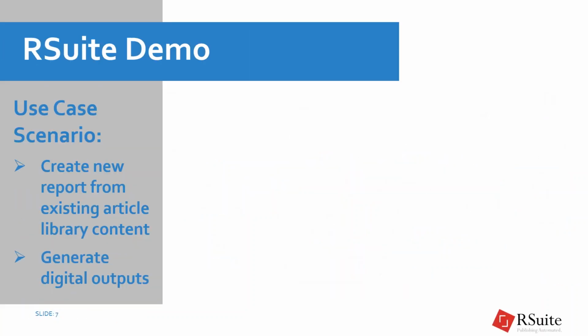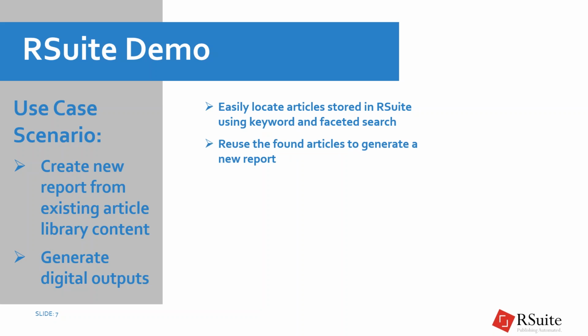Okay. So that'll take us to today's demonstration where the focus will be on the following use case scenarios. First, we'll locate articles stored in RSuite using keyword and faceted search. Second, we'll reuse selected articles as the content of the new report. Next, we'll execute a quick task workflow to process the articles that we found.